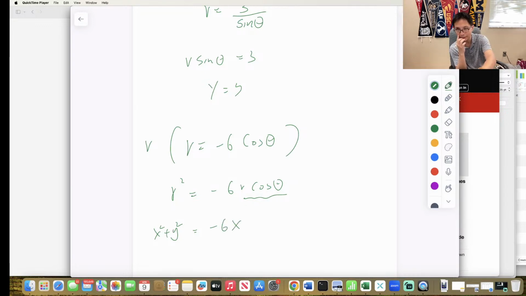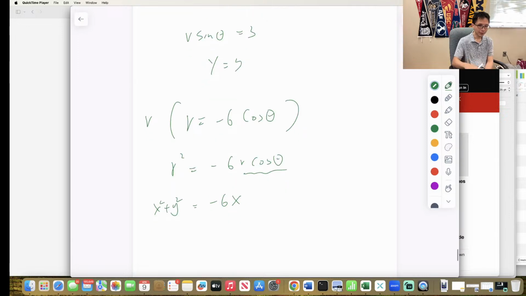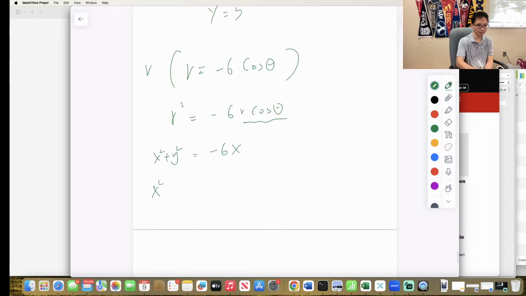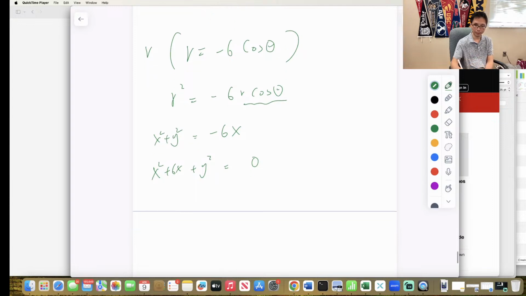And as a matter of fact, on your SAT, you're gonna have something like this: how to complete the square. So I'm gonna show you how to complete the square. You have x squared plus 6x plus y squared equals 0. You need to complete the square. You take this term, divide by 2, and square. So that's gonna be 3 squared, which equals 9.